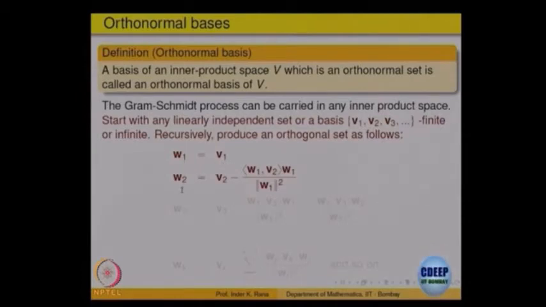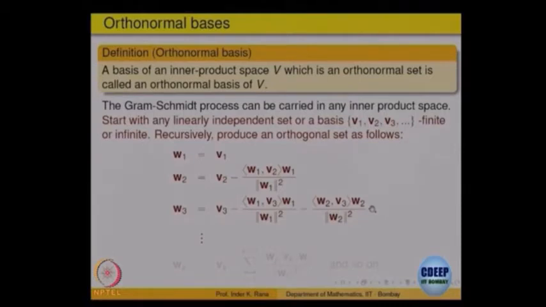So, what is W2? I am describing the Gram-Schmidt process inductively again from W2. Remove the projection of W1 onto V2. This projection you remove, so W1 and W2 will be perpendicular. What is W3? From V3, the next one, remove the projection on the previously defined vectors.